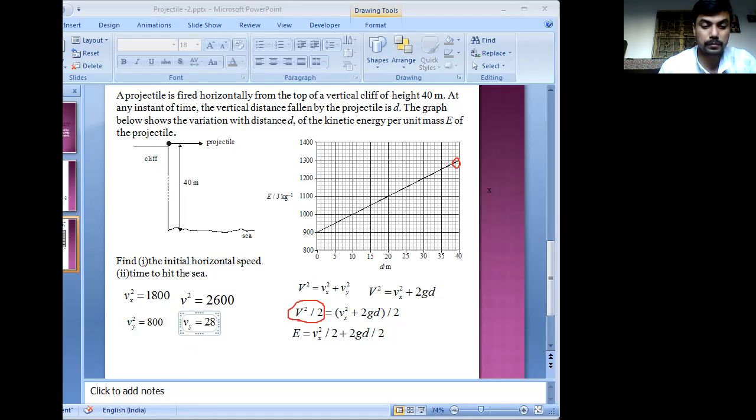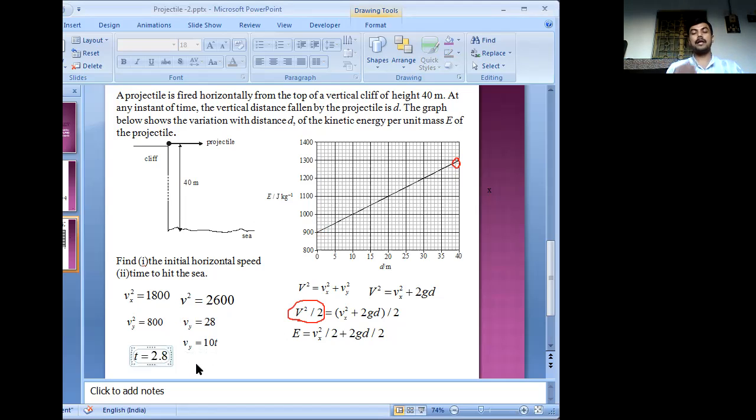So this should be written as u plus gt, or u is 0, so it is just, considering g to be 10, we have vy to be 10t. So from there, if we just equate the two, we'll get t to be equal to 2.8, and that is how we have our answer of the time to hit the sea.